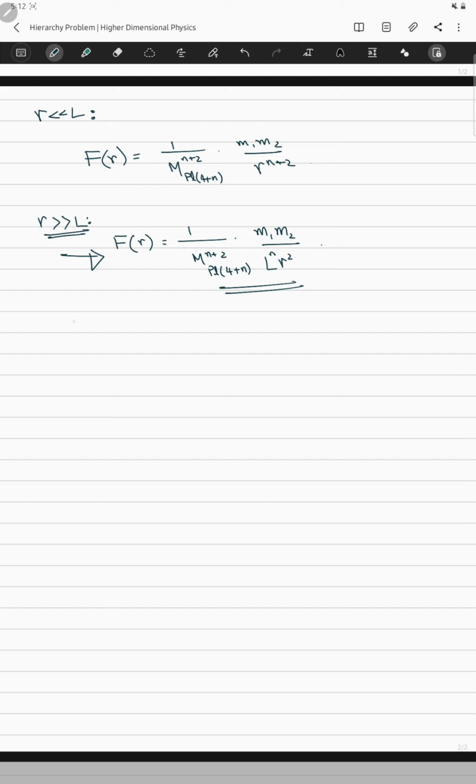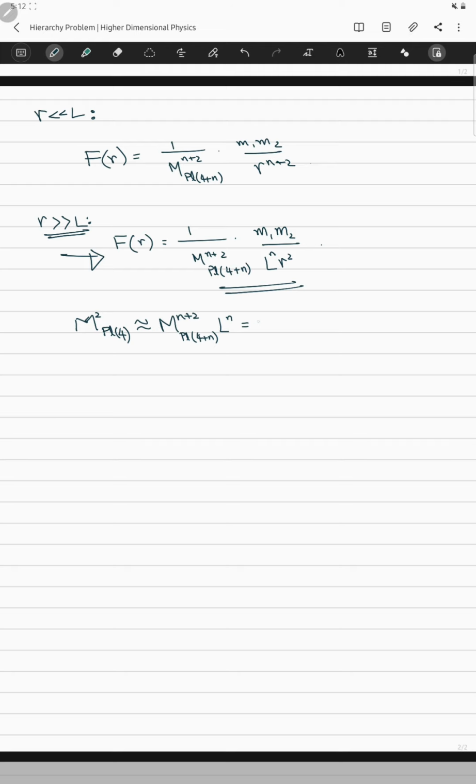It's very simple to get. You can just get it by visually comparing the two, and it's your Planck scale in 4 dimensions is approximately equal to your Planck scale in 4 plus n dimensions multiplied by L raised to power n, where again n is the number of compact extra dimensions and L is the size of these extra dimensions.